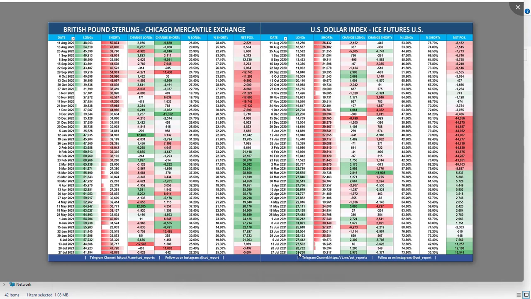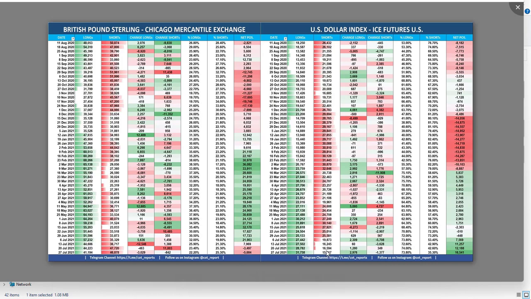They started from the 20th of July, it was around 28, and now the longs are 31, and the shorts from 16 to 15.